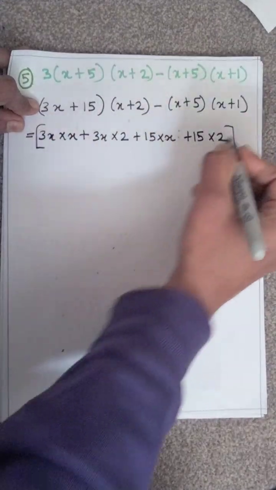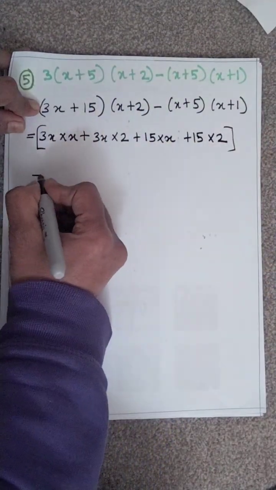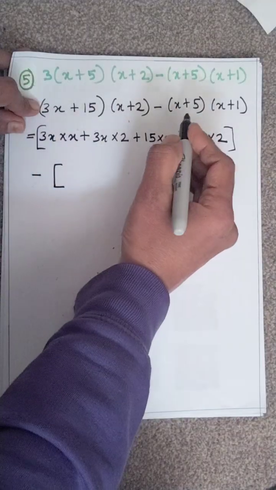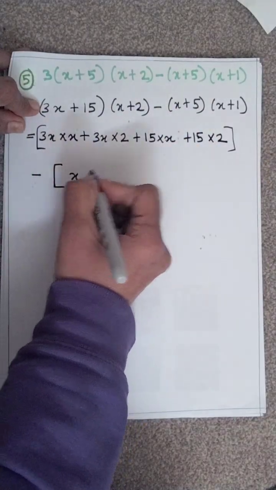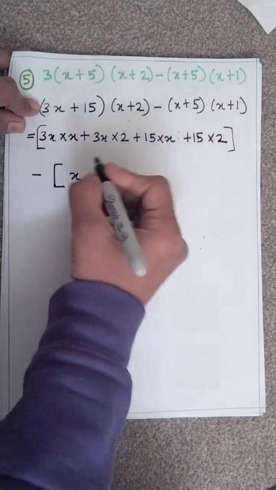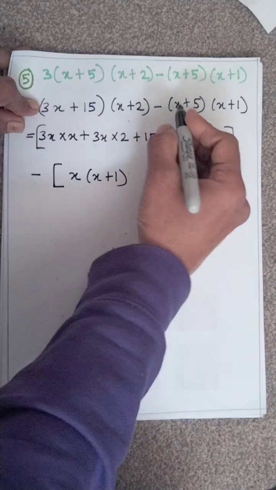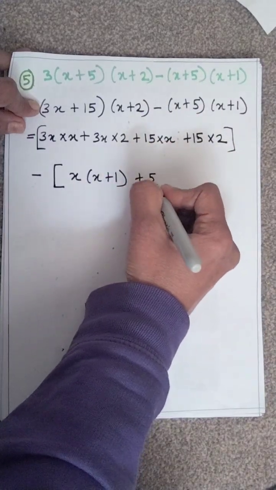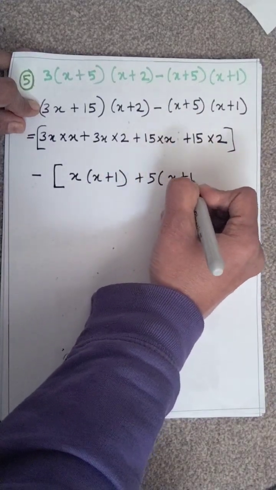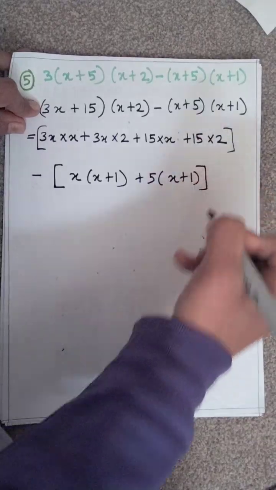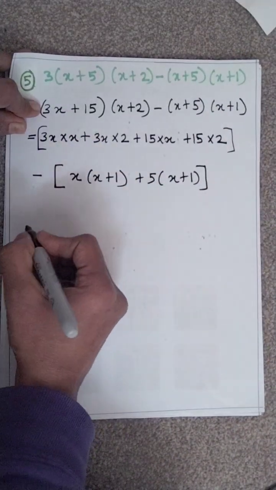And another part, there is a minus sign here, so we put a minus sign here. Now take x, multiply by these two terms, x plus 1. Then take plus 5 and multiply by these two terms. It's okay, and put a bracket.